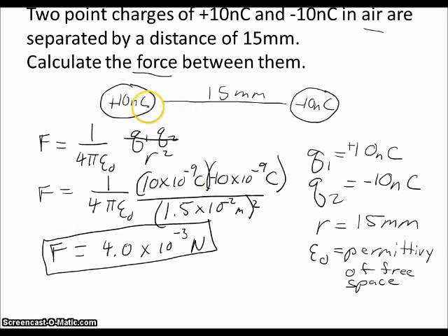So that means that this charge is feeling an attractive force from this charge of 4 times 10 to the minus 3 newtons, and this charge over here is feeling an attractive force of the exact same amount from this charge over here. So for every action, there's an equal and opposite reaction. That's shown here. This one exerts a force on this one of 4 times 10 to the minus 3 newtons. This one exerts a force on the other one of 4 times 10 to the minus 3 newtons.